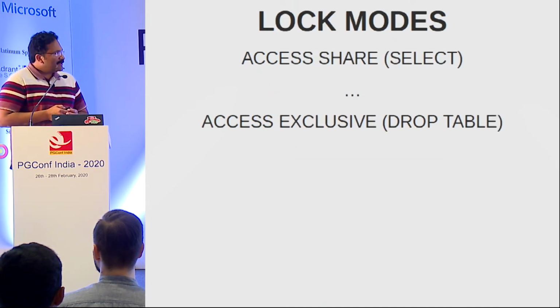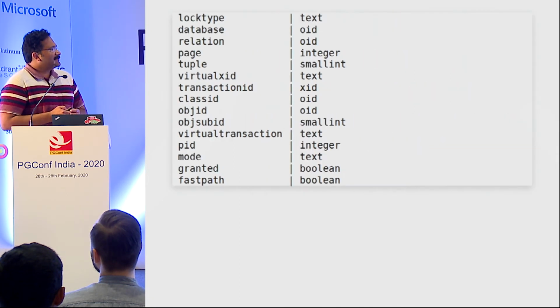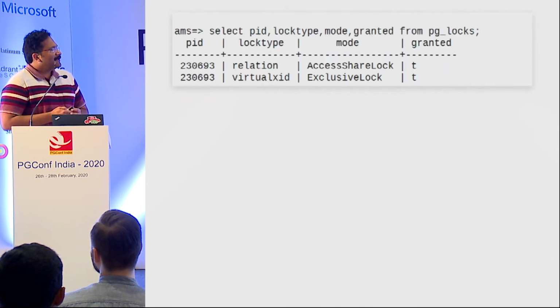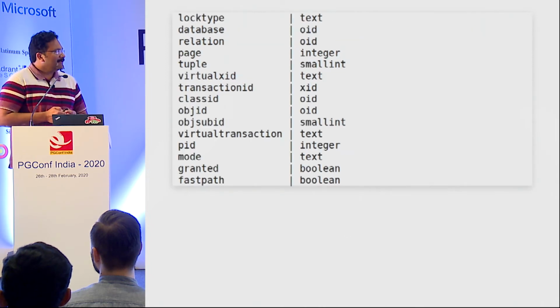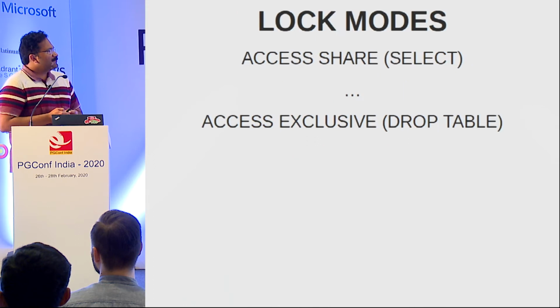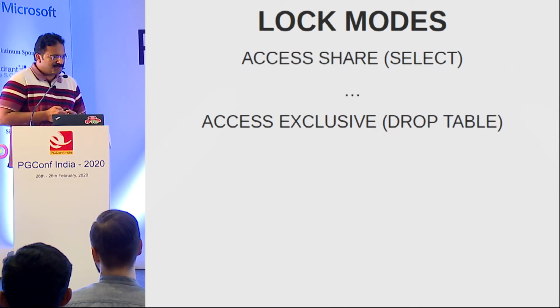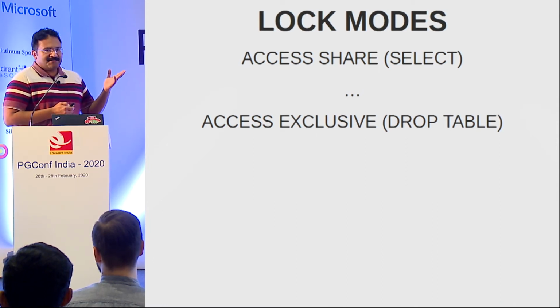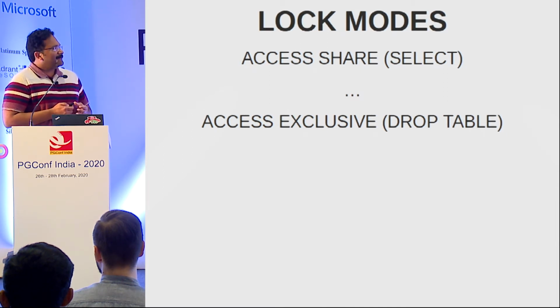Okay, so again, going back to the output here, the mode column, access share lock and exclusive lock, corresponds to the lock modes for the lock. There are several modes available. The ones listed here are just the weakest and the strongest, respectively.